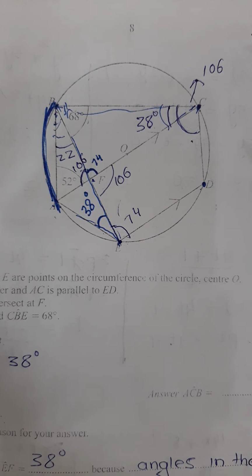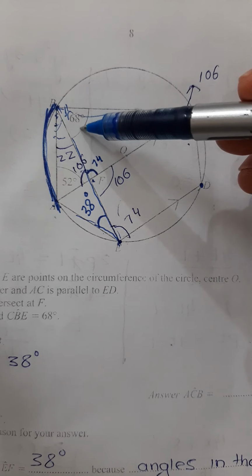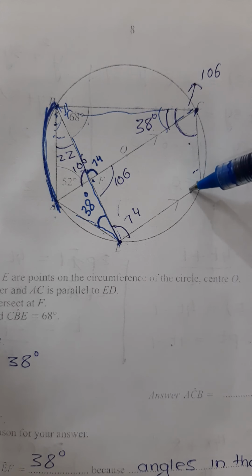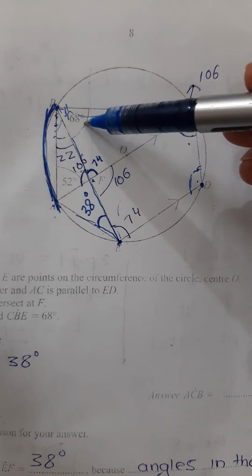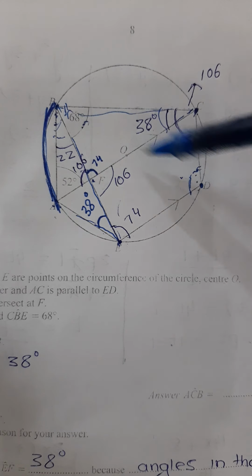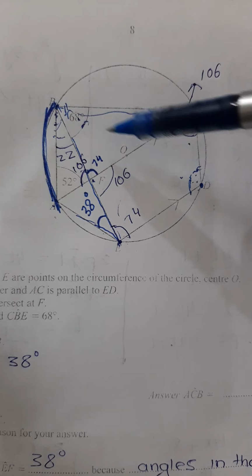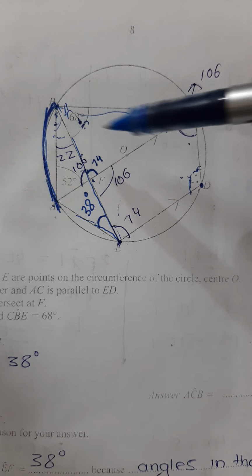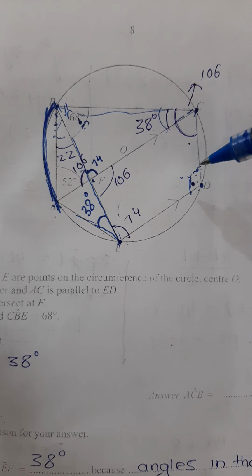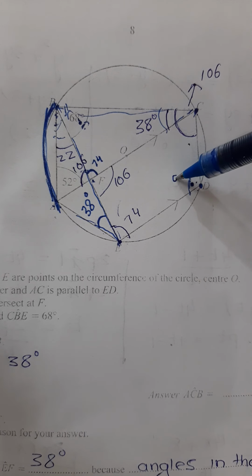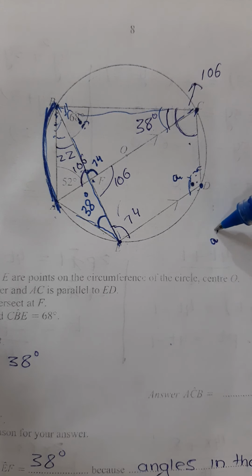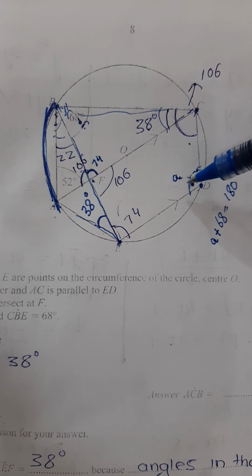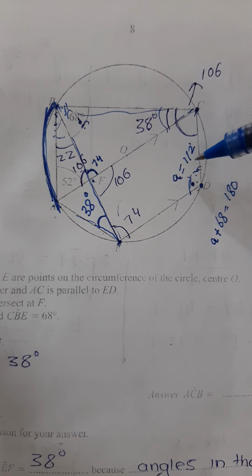The concept says that opposite angles in a cyclic quadrilateral are supplementary, that means their sum is 180. So this angle, which is 68, and this one should add up to 180. Suppose this is A. Then A plus 68 equals 180, so A is 112, subtracting 68 from 180.